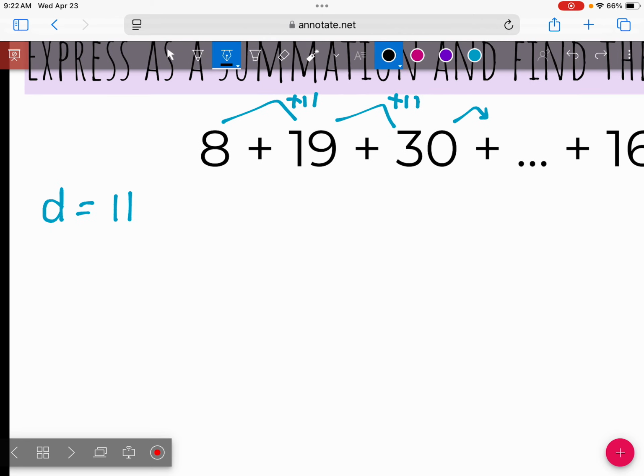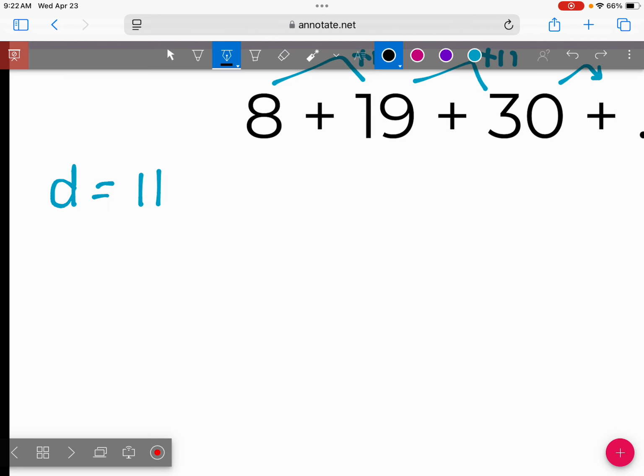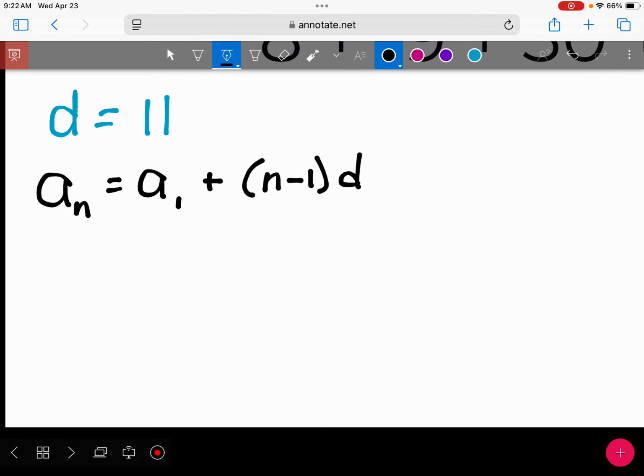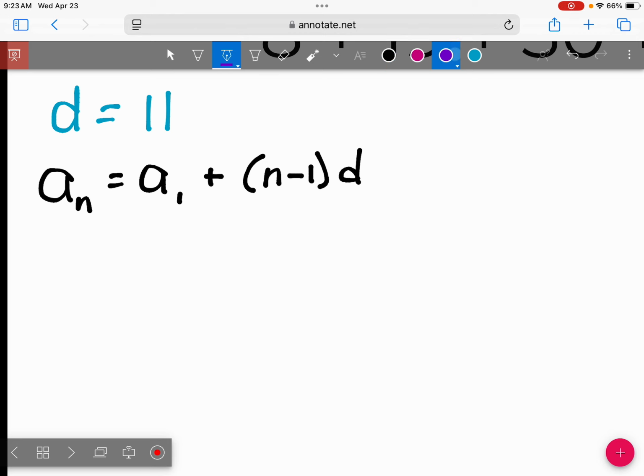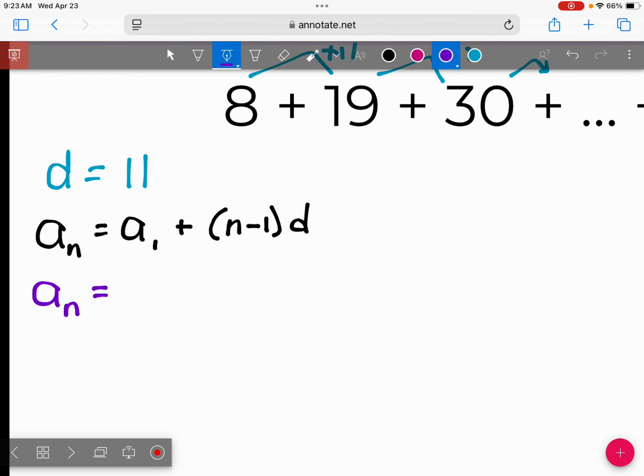So we're going to write our kind of generic equation for a sub n, how we can find any possible number. That's where we're taking our a sub 1 plus our n minus 1 times that common difference. But we're going to make it for this specific equation or situation. So our a sub n here, what is our value of a sub 1? 8.